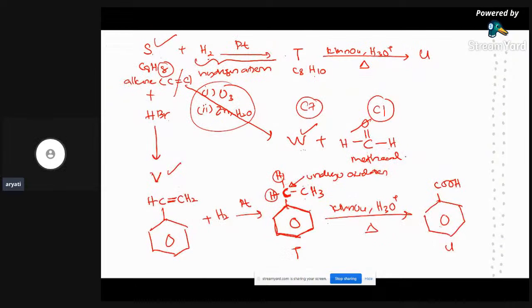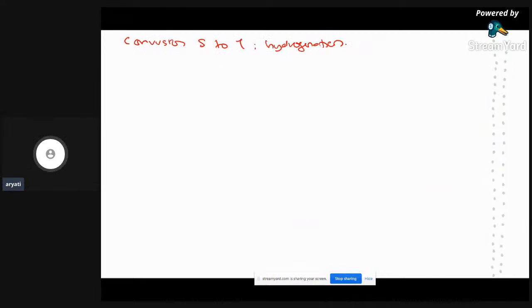Actually saya dah tulis dalam flowchart ini, tapi mungkin kalau dalam exam macam ni tak berapa jelas. So tak apa, kita akan tulis balik. Bila kita dah dapat compound yang sesuai tadi, S tadi kita dah claim this is the structure for S. So CH double bond CH2 react with hydrogen platinum.